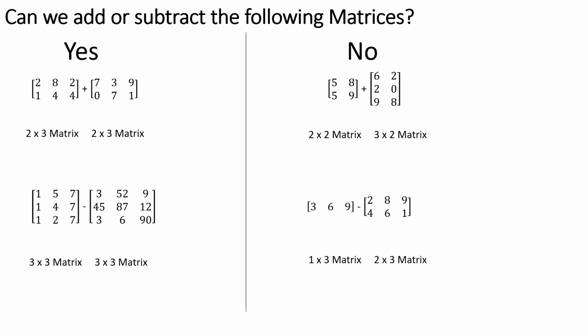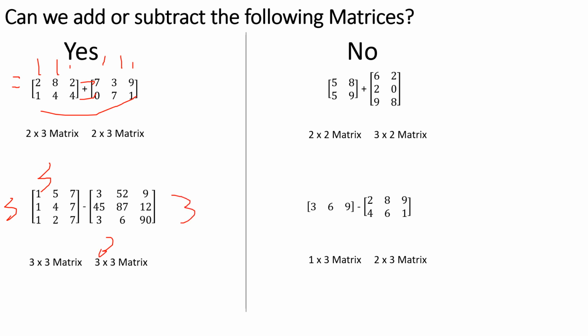I've got a 2 by 3 matrix here at the upper left, and I've got another 2 by 3. I can add these two matrices up. Here's a 3 by 3, and that's subtracting another 3 by 3.